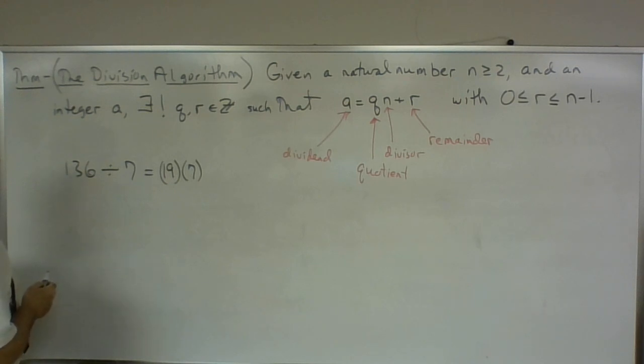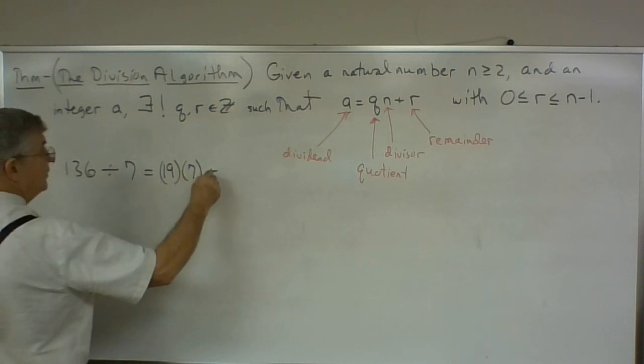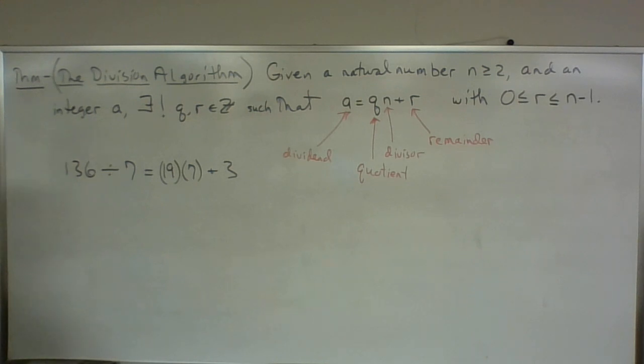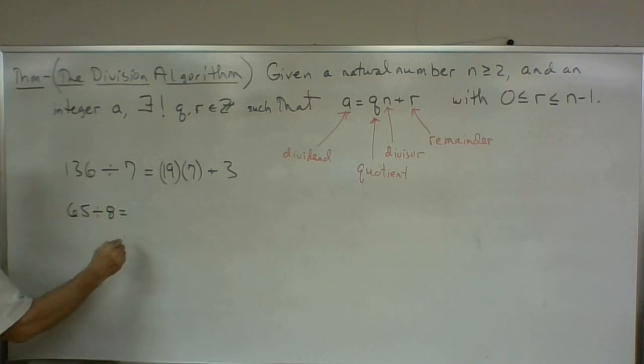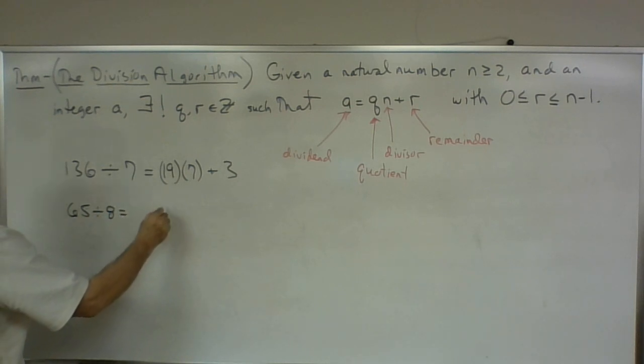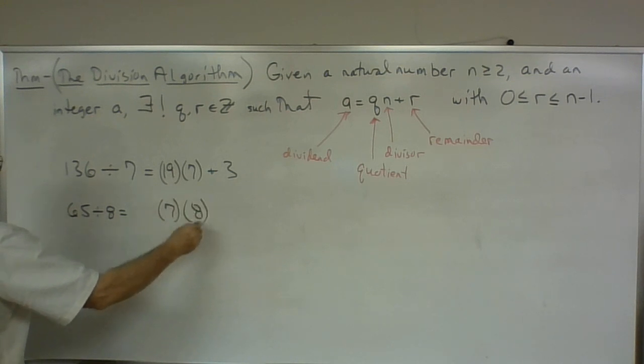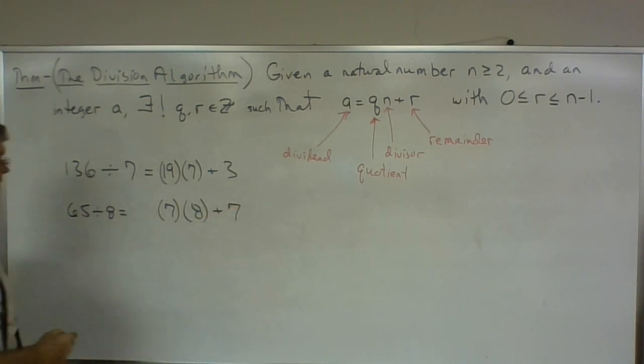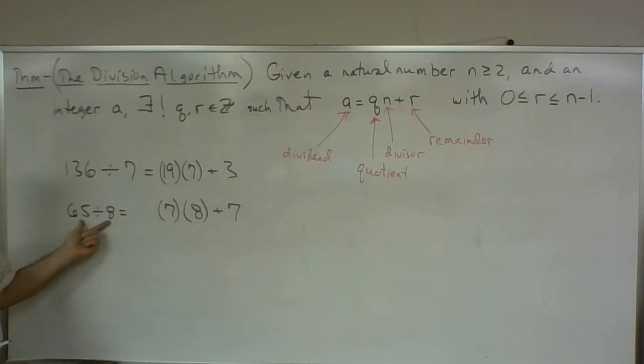So 19 times 7 is 133 plus 3. Okay, 65 divided by 8.